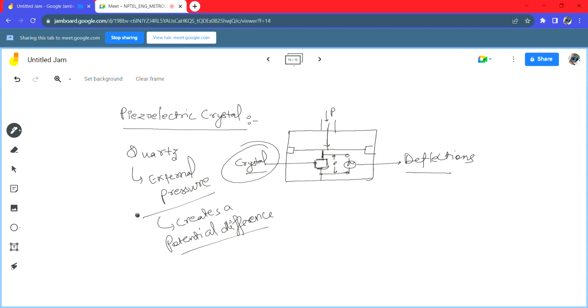So what we have done is this pressure causes changes in the dimension d, and these changes in the dimension d eventually generate E, and that E corresponds to P back. So again, with the pressure we have a voltage relation, and all these voltages can easily be measured by multimeters.